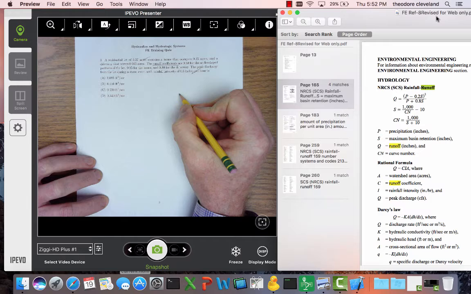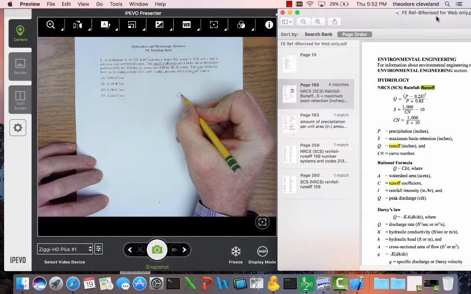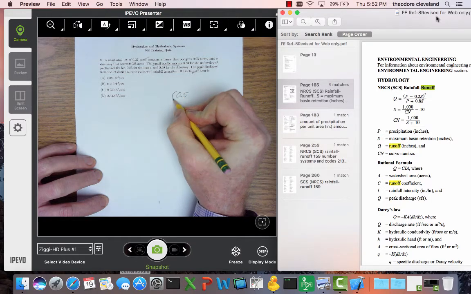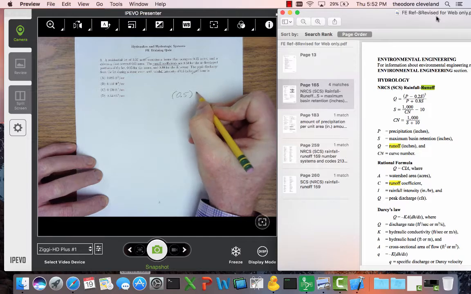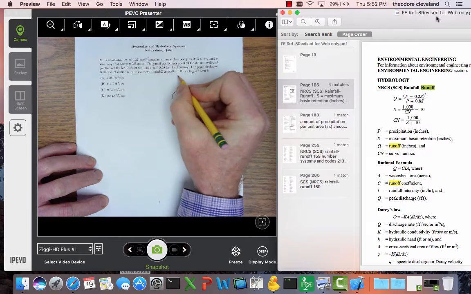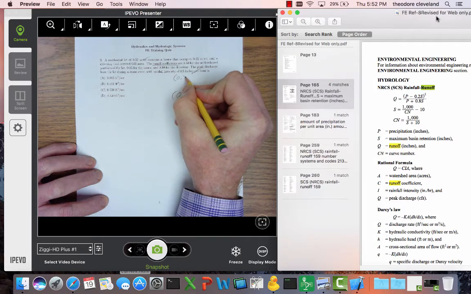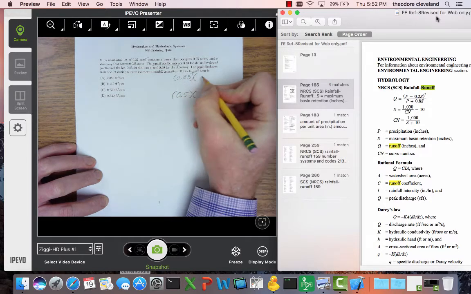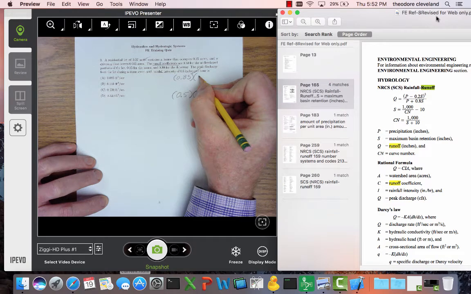So we have 0.5 as a runoff coefficient, and that's applied to an unknown quantity. 0.85 is applied to the house, so it has 0.05 acres.